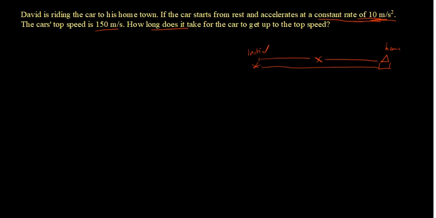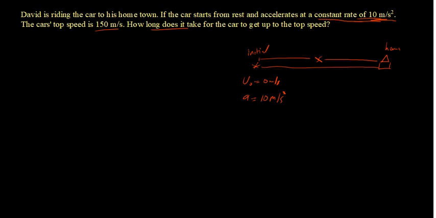Anyway, what he's mentioning is that he started from rest. So the initial velocity is 0 meters per second. He was accelerating at an average rate of 10 meters per second squared.